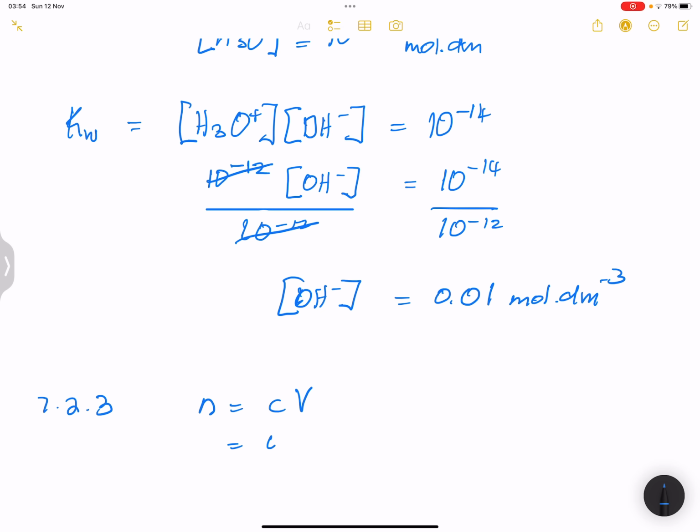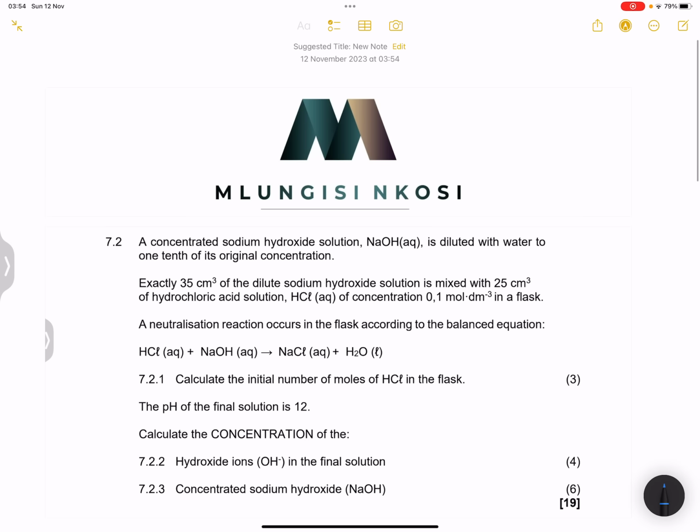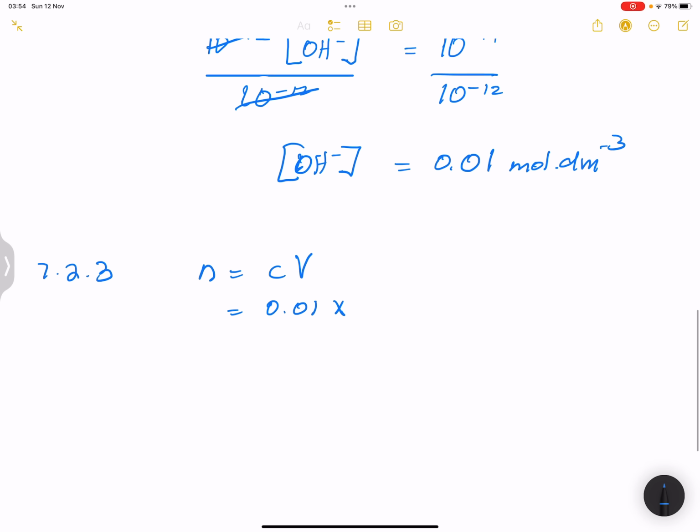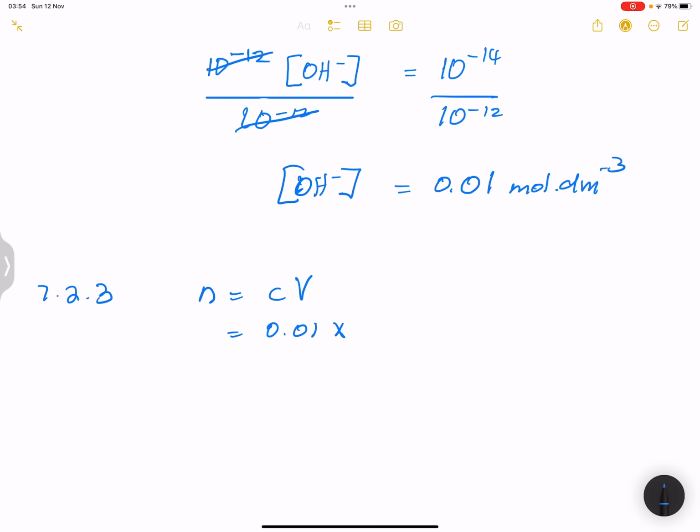So this would be 0.01 times, now I want you guys to remember, what would be the total volume of the resulting mixture? We've got 25 cubic centimeters that was mixed together with 35, so if we add those two together, they give us 60. So that means that this is 60 over 1,000, okay?